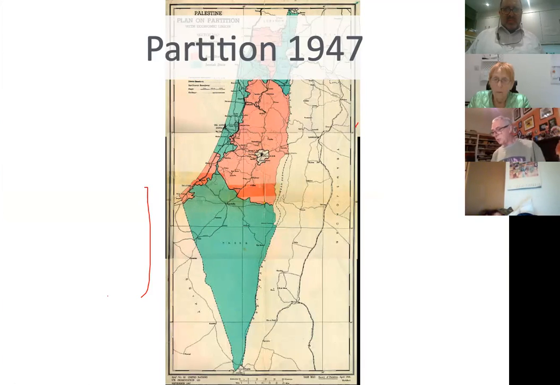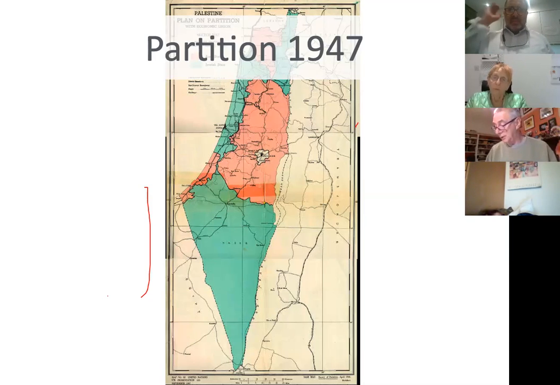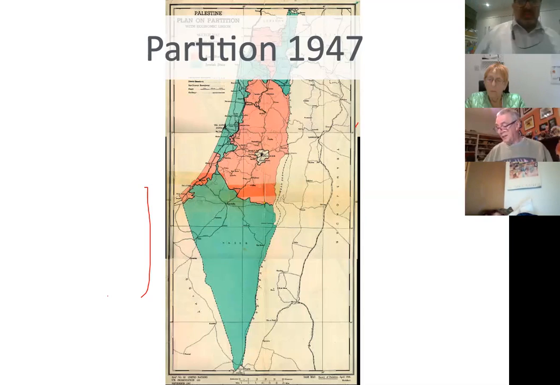The recommendation was for two separate states, a Jewish state and an Arab state, to be joined by an economic union, with the Jerusalem and Bethlehem region as an enclave under international administration. On the 29th of November, the UN General Assembly voted on the partition plan, and it was adopted by 33 votes to 13 with 10 abstentions. The Jewish side accepted the plan, the Arabs rejected it and launched a war.